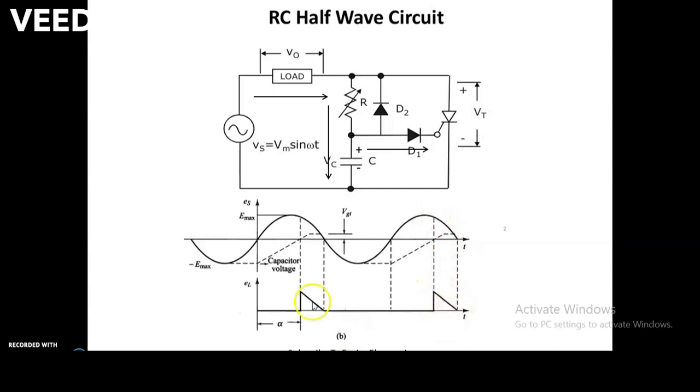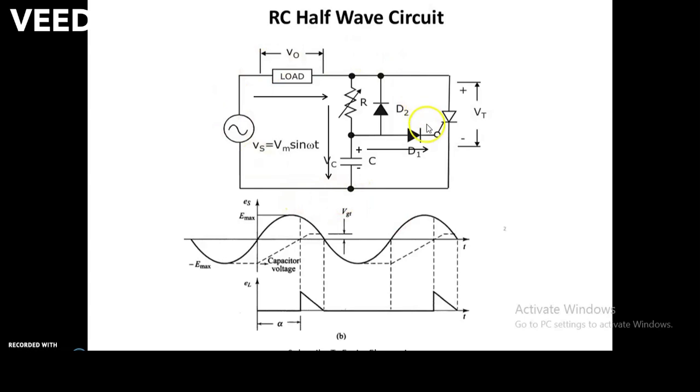Here we can see in this waveform, this is our supply voltage which appears across load. At this load we are getting voltage, or if we connect a bulb at load, this bulb can turn on.